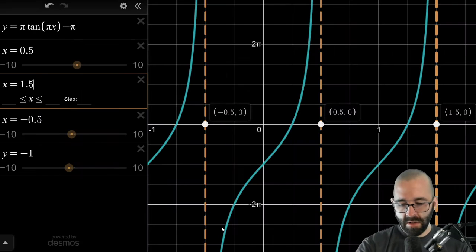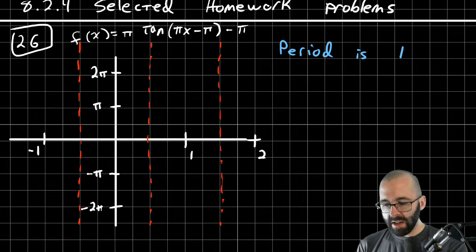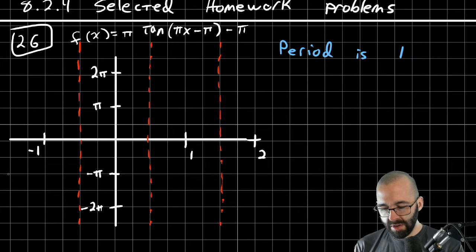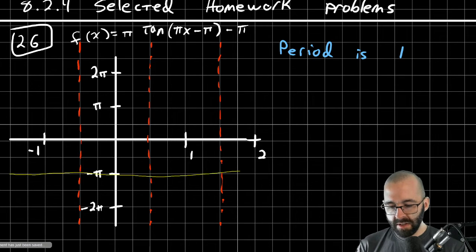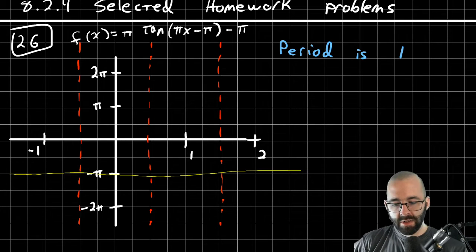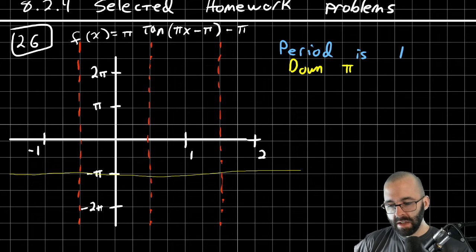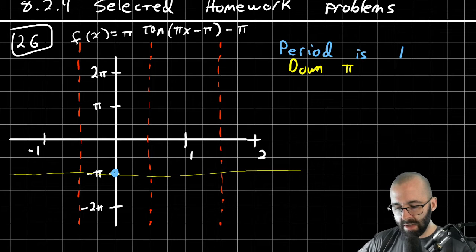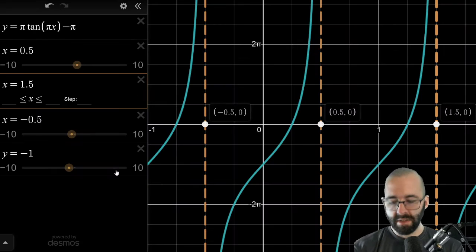And if you wanted, you could also kind of look at, hey, this is all shifted down -pi. So this is actually where our middle is going to occur, right? Because we're going down pi units. So our middle is at 0, negative pi.